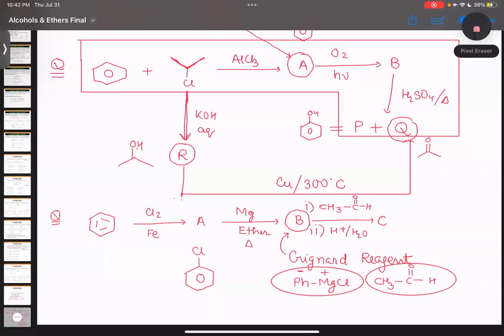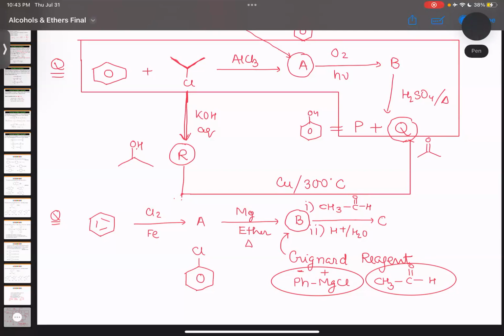The Grignard reagent is PhMgCl, and the aldehyde is CH3CHO. So what will happen? Connect the opposite charges. It will become very easy. So where are the charges in this?